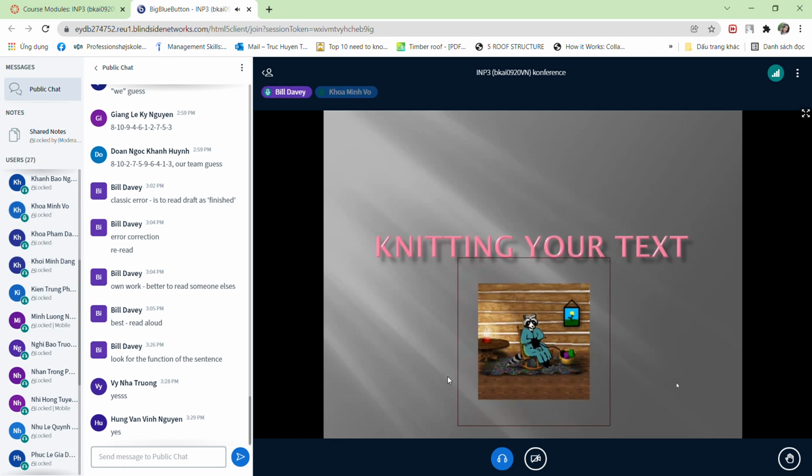Okay, thank you. So I've called this knitting your text, and I've got a little picture of somebody doing their knitting, because I remember as a child watching my mother knitting, and I used to think it was amazing, actually, because she took two sticks, one in each hand, and wool, and by tying knots using two sticks, she was able to make a sweater.